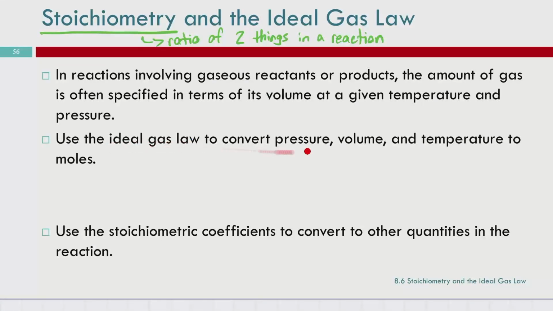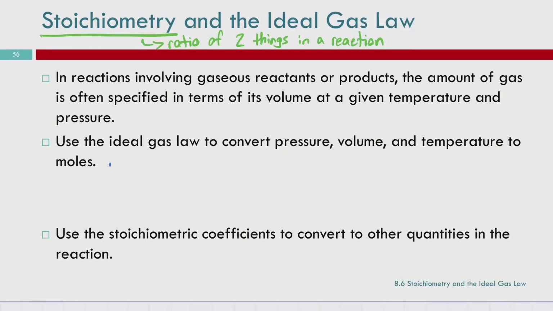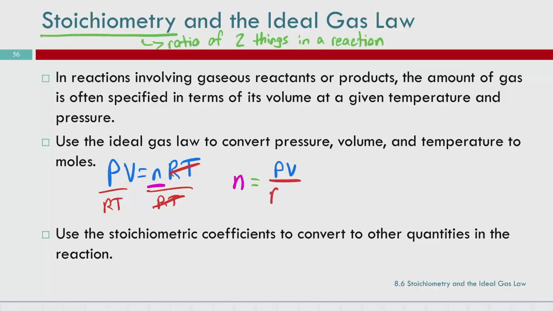We can use the ideal gas law to convert pressure, volume, and temperature to moles. So starting with PV equals nRT, if we want number of moles by itself, that's n, you just divide both sides by RT, switches from the right side to the left side, and n, number of moles, is equal to PV over RT.